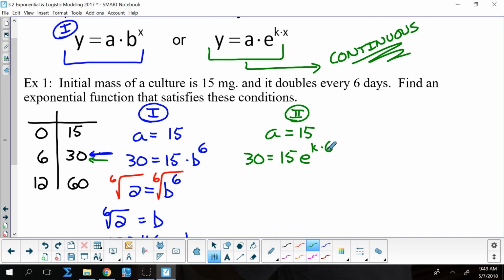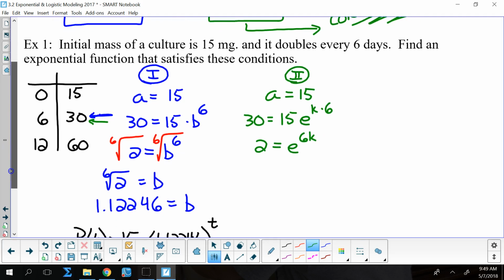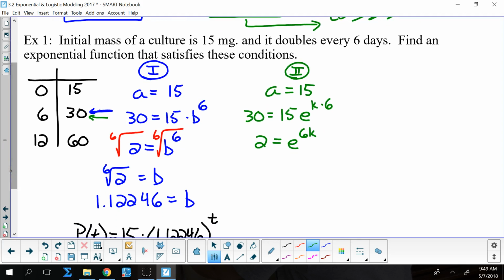Again, divide both sides by 15. 2 equals e to the 6k power. Now my variable is in the exponent, so I have to use logs to solve it. I'm going to take the natural log, because that's log base e, of both sides. The natural log cancels out the e, so that leaves me with the natural log of 2 equals 6k.